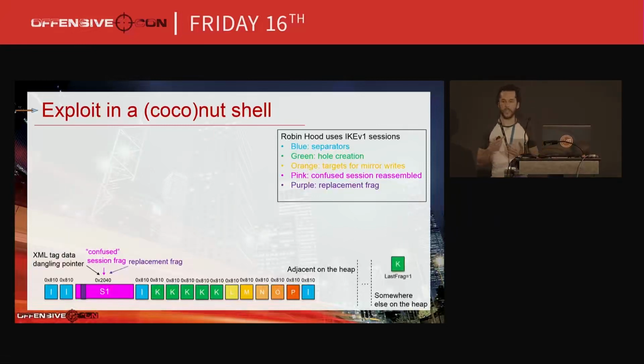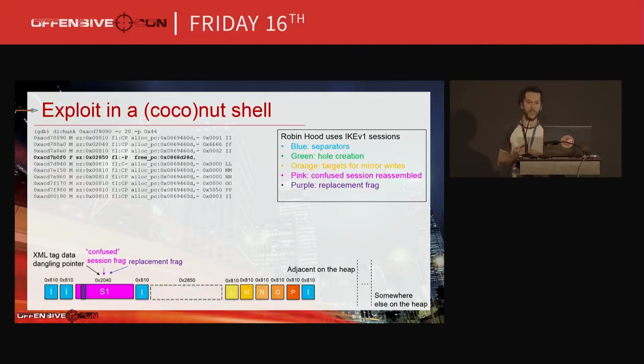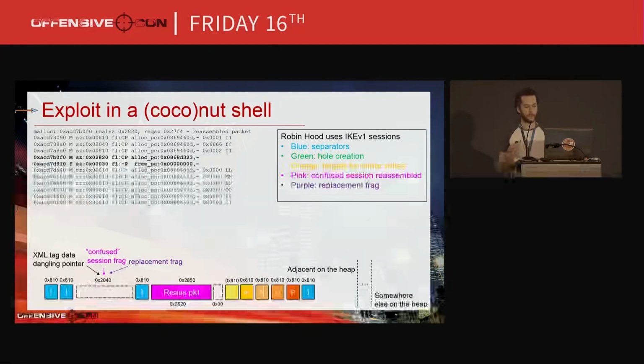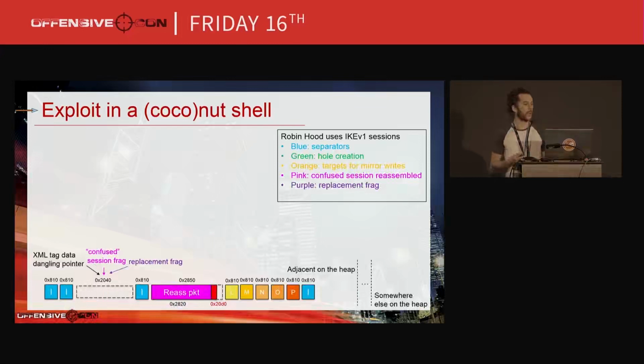And now what we want is to trigger reassembly of session 1, but we need to create a hole first. So we reassemble the K session, which is 2,800 bytes, and it's going to create a 2,800 byte hole. Now we reassemble session number 1, and because we increased the size of one of the chunks, the buffer that's going to be allocated for reassembly is smaller than what's going to be copied.